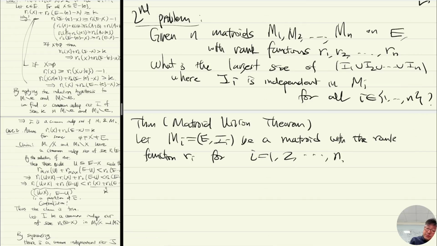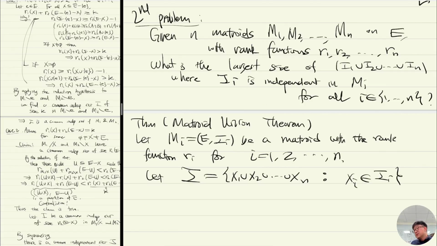Now let I be the union of all, no, okay, let me say: take one independent set from each matroid and take a union of them. Then take that set I as a collection.